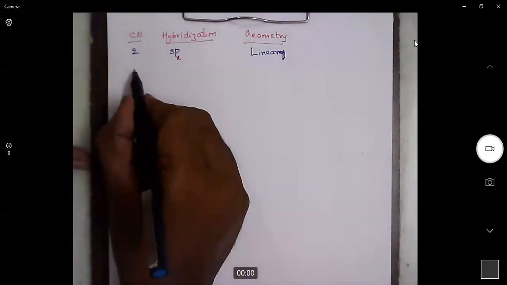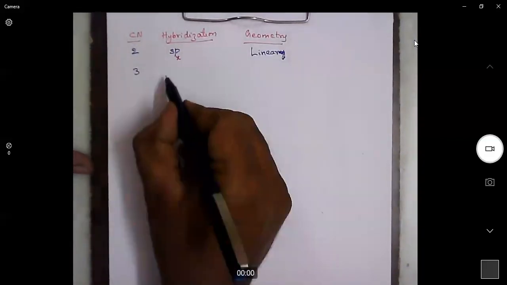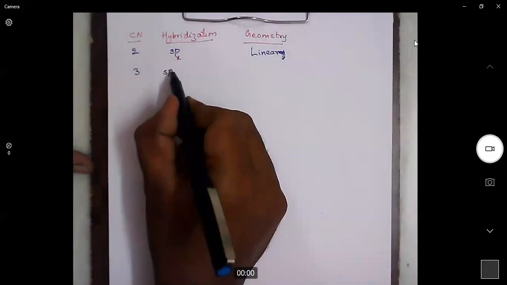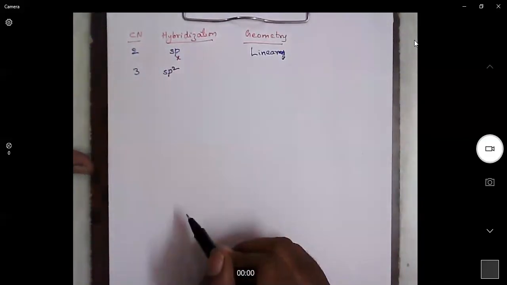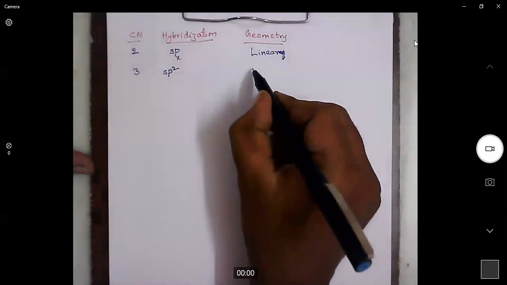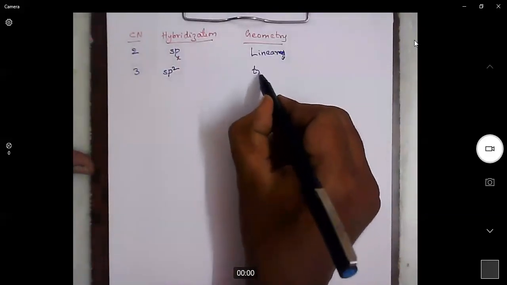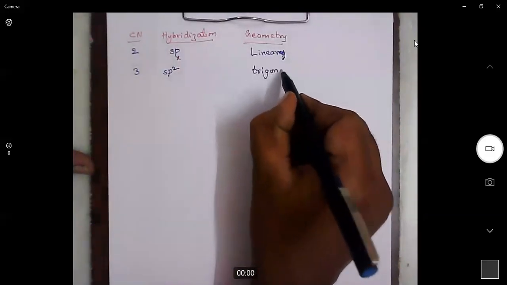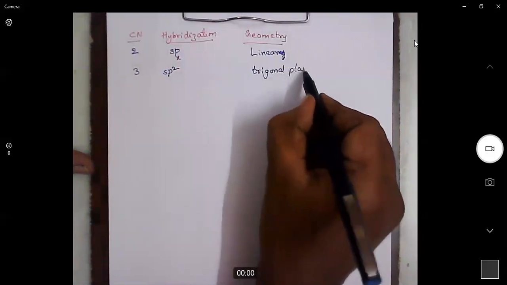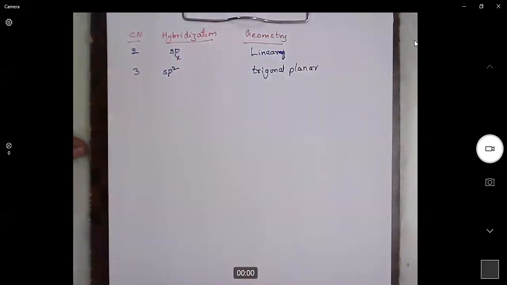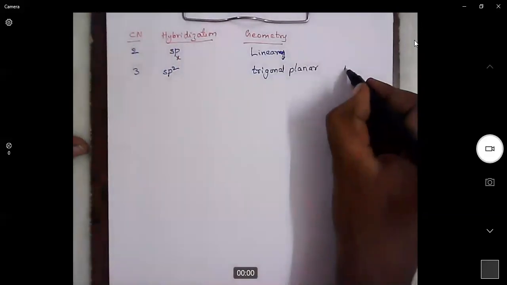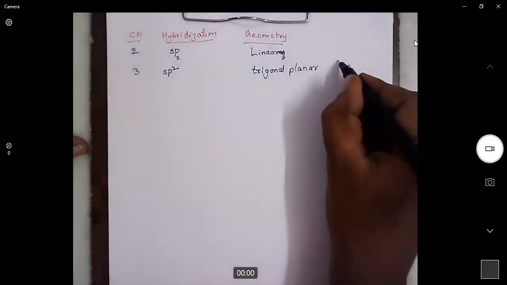If the coordination number is 3, then it will undergo sp2 hybridization. When we have sp2 hybridization, shape is trigonal planar. That means we will have a metal, then three ligands.